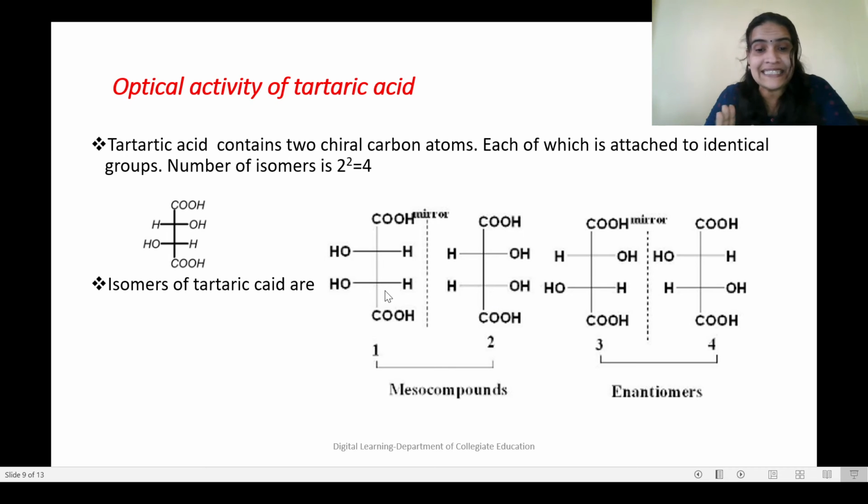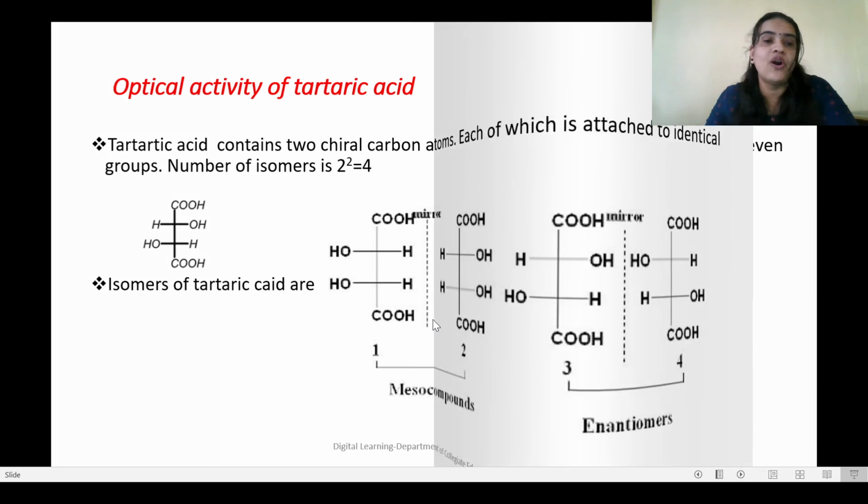It is a single structure. They are one. So it is not different forms. It is one single form. So we can say tartaric acid, though we can express it in 4 different forms, has only 3 actual stereoisomers. 1 and 2 are termed as meso compounds.